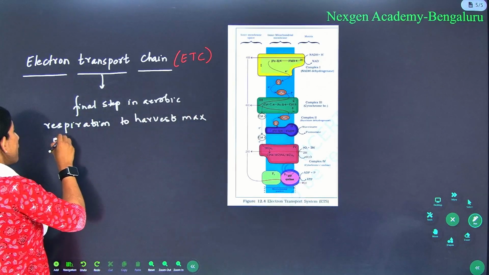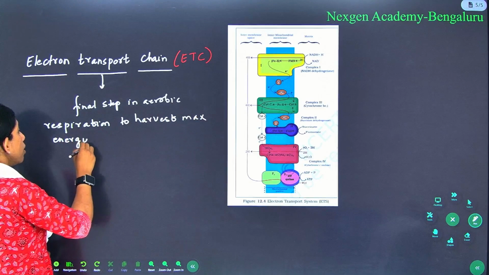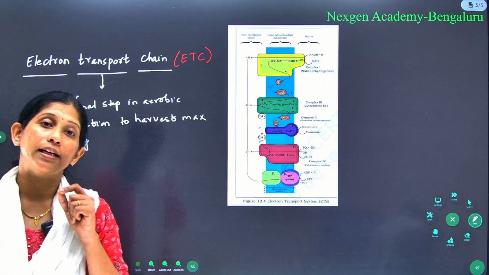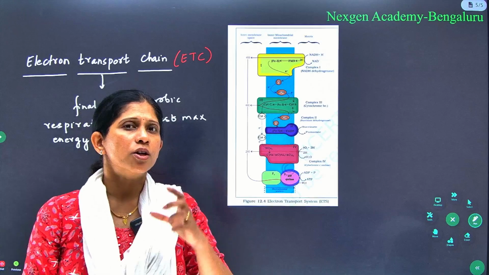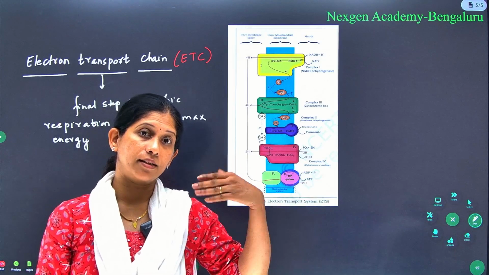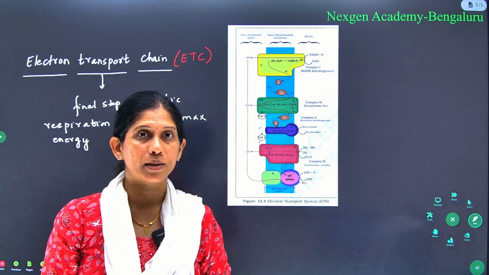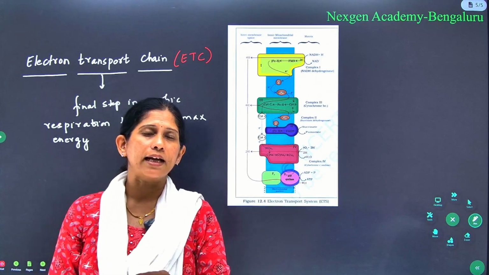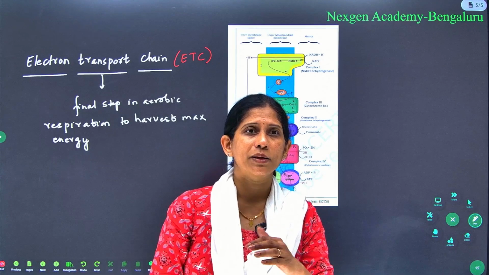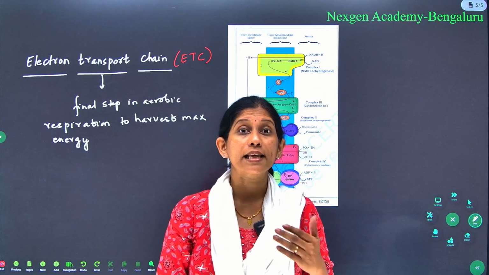So maximum energy of aerobic respiration is harvested from the electron transport system. What exactly is happening in the process that is releasing so much energy? Because as we know, there is no possibility of any extra ATPs being released here, right? So what is happening here?